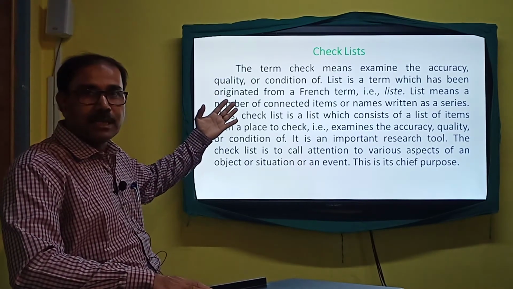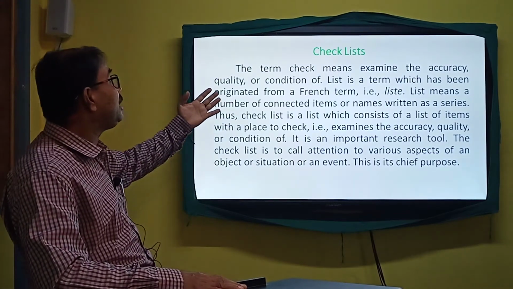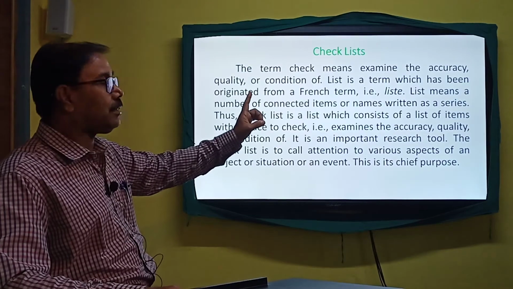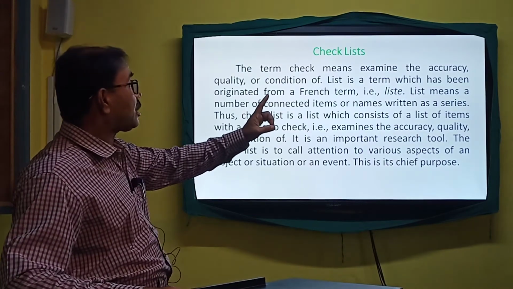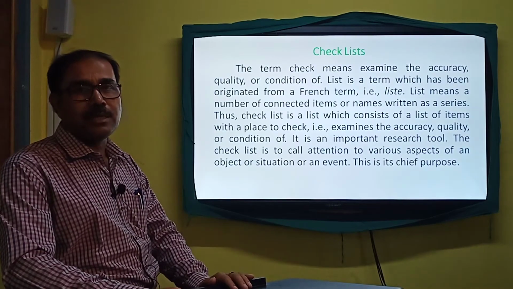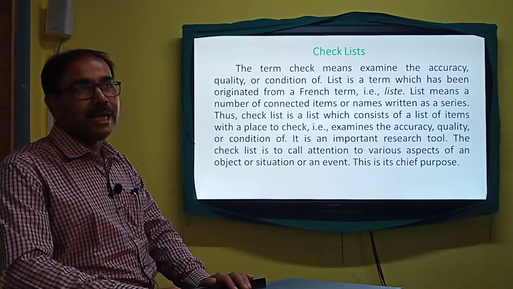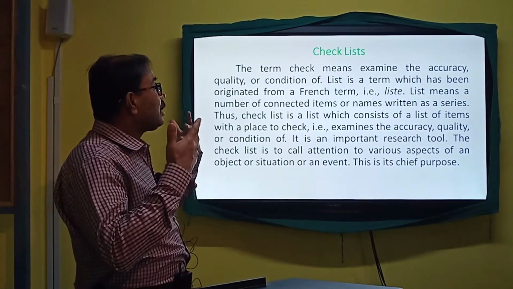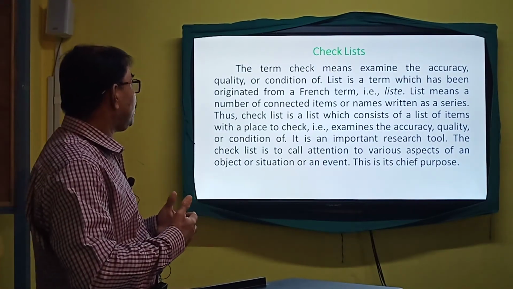First of all, check. We understand very easily what the term check means. The term check means to examine the accuracy, quality or condition of something. When we say I am to check you, it means I am to determine the accuracy, quality or condition.